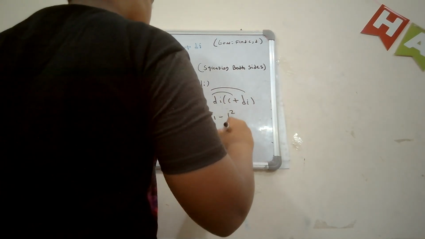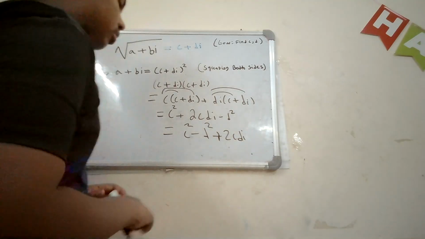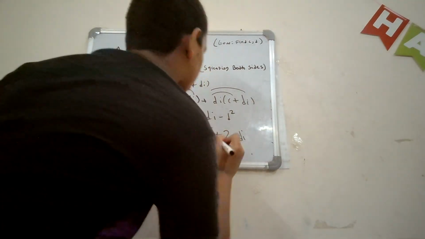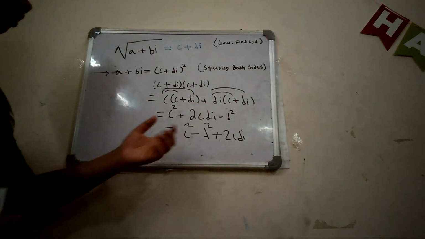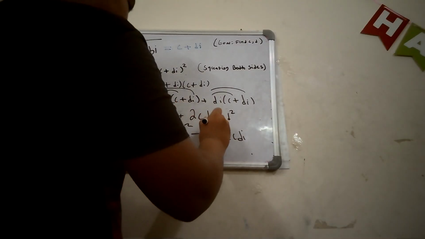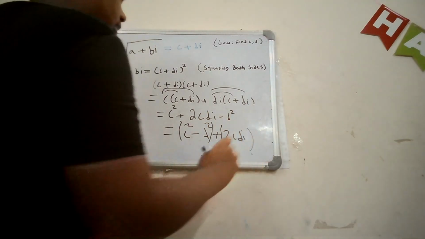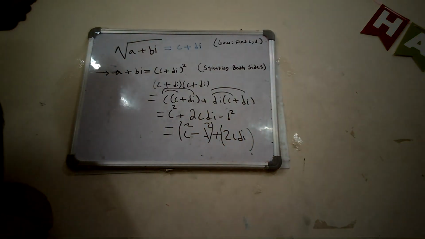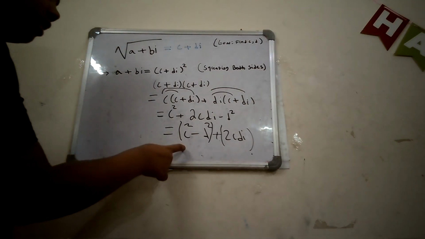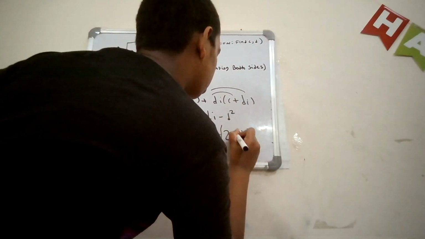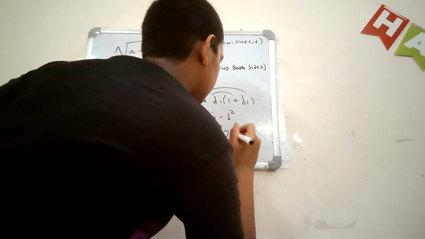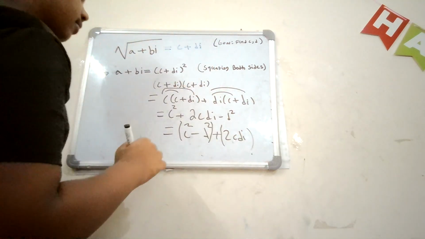And we can also shift this to the other side, c squared minus d squared plus 2 c di. Because actually when we have three terms, it doesn't matter if we're adding or subtracting, we can shift the order. So this is also correct, because I want to group the real and imaginary parts. You're going to see why. Okay? So now that we got that, this is the solution: c squared minus d squared plus 2 c di.